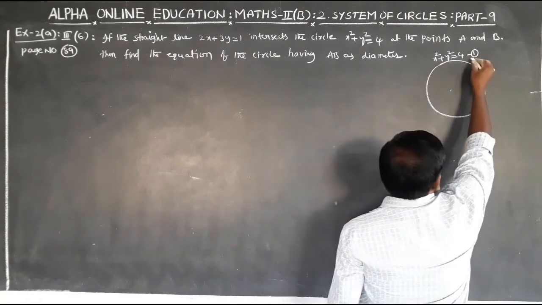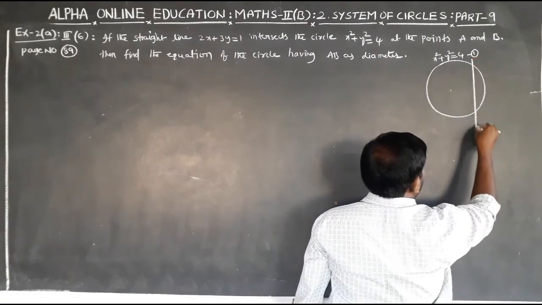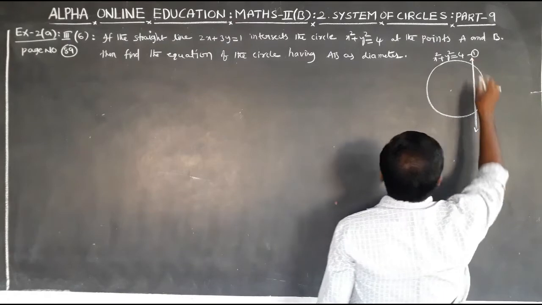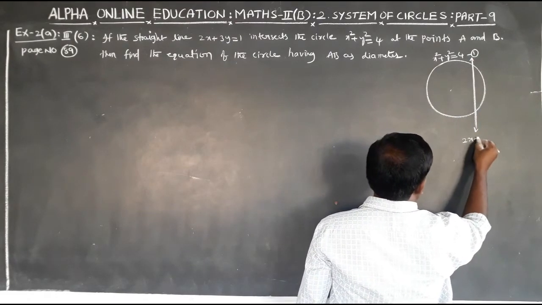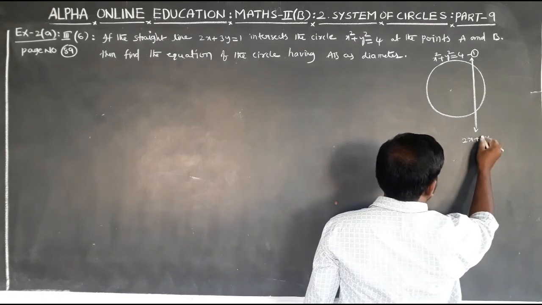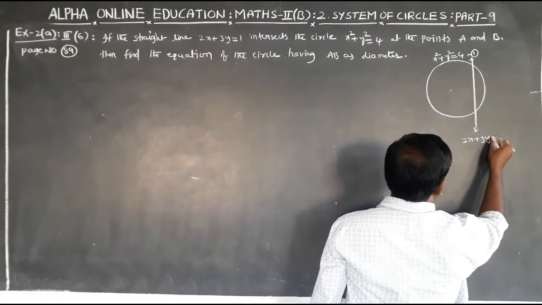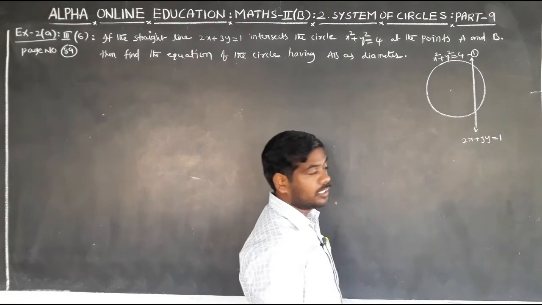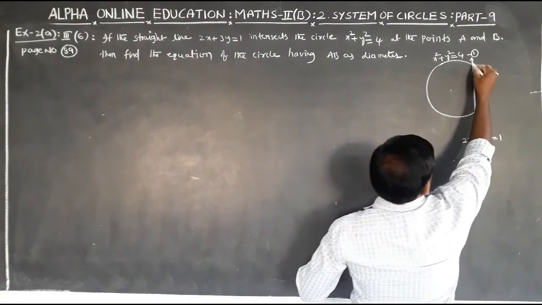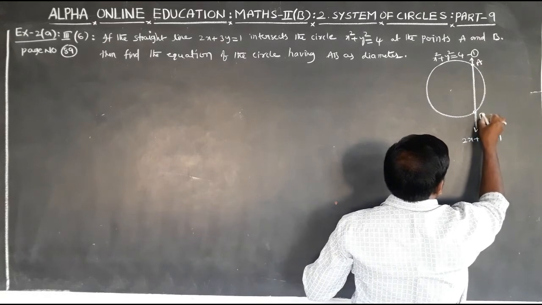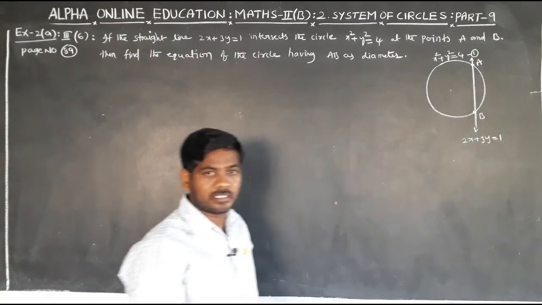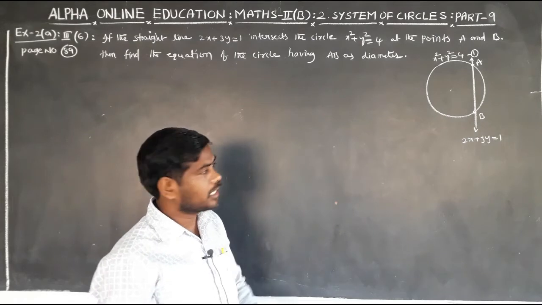This is the equation of the straight line, 2x plus 3y is equal to 1. They intersect at capital A and capital B.